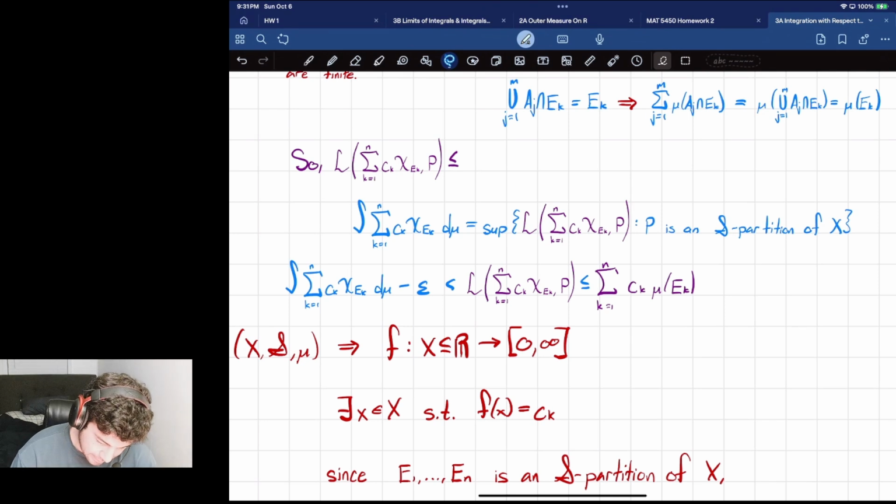So this is basically, I think this is what it's saying. This sum is less than or equal to the lower Lebesgue sum.